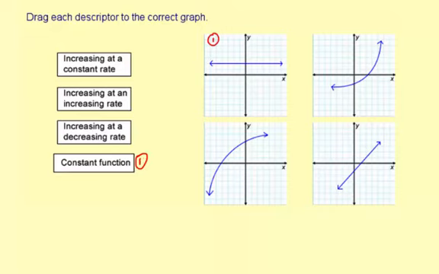Okay, this next one looks like it is relatively flat, and then it gets steep as you move left to right. Let me see if I can show you a rate of change pattern here. So over and up just a little bit.